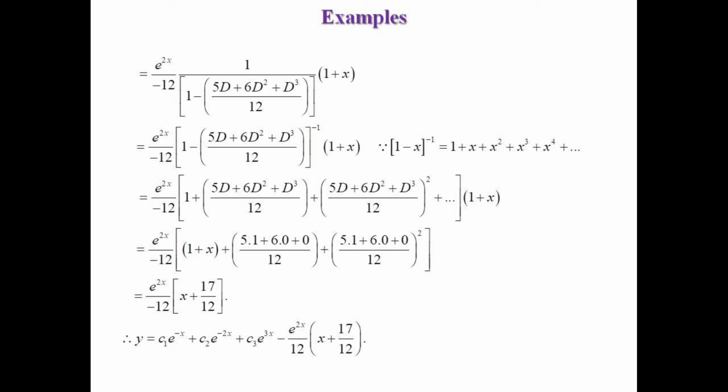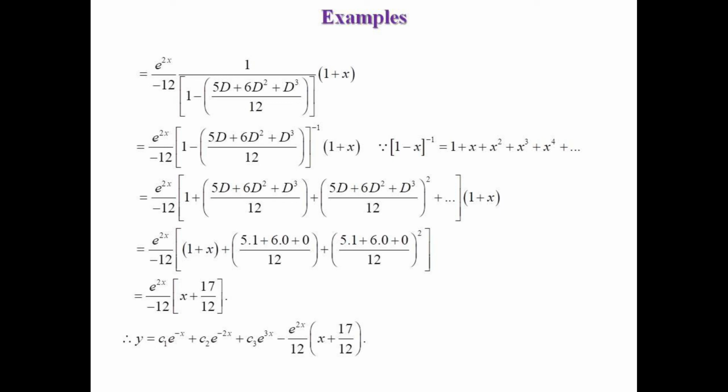That means take the term 1 plus x to the inner side. So we get the first term as 1 plus x, plus 5 into the derivative of 1 plus x. The derivative of 1 plus x is 1, that's why 5 into 1, plus 6 into d square. D square means the second derivative of 1 plus x. The second derivative of 1 plus x is 0, so that's why 6 into 0, plus d cube. D cube stands for the third derivative of 1 plus x with respect to x. Again the third derivative of 1 plus x is 0, so the third term is 0.